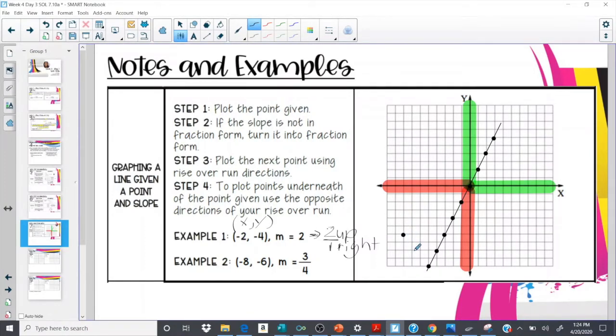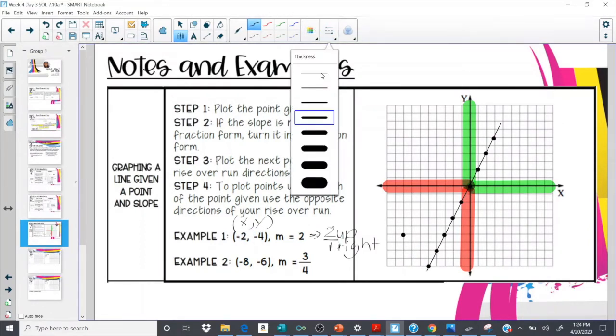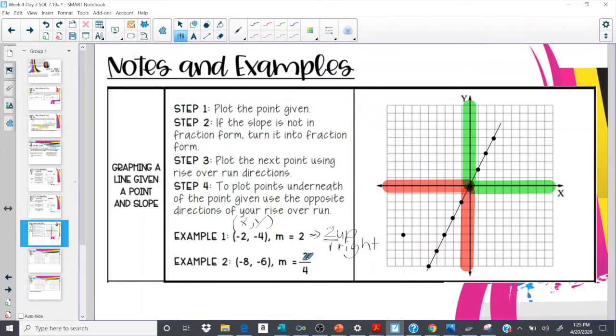Plot your point. Then you are going to find your direction from your slope. Our change in y is positive, therefore we're going to go 3 up, and our change in x is also positive, so we're going to go 4 right.